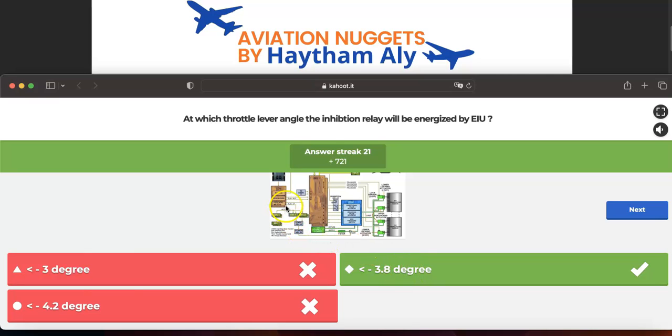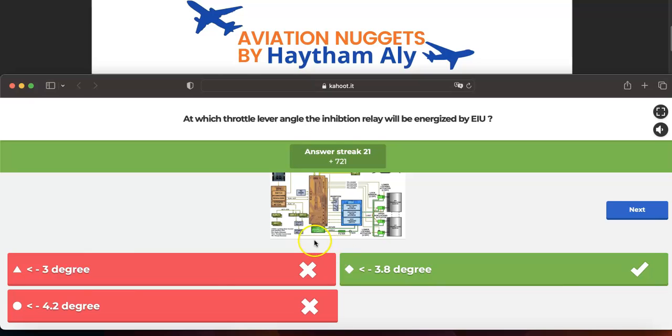The potentiometer will ask for reverse operation to the SEC when the throttle lever angle is less than minus 3. The switch will ask the engine interface unit for thrust reverse when the throttle lever angle sensed by the switch is less than minus 3.8.